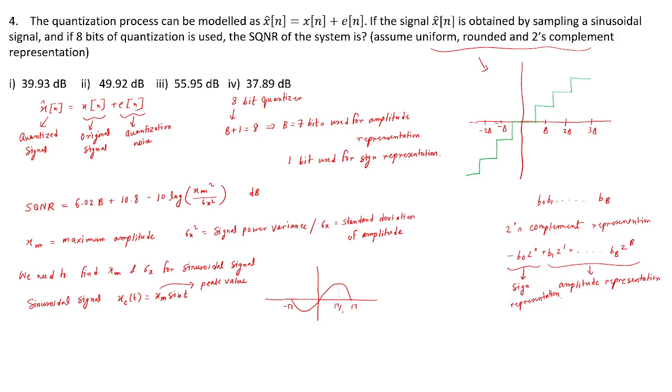This corresponds to pi by 2. This corresponds to minus pi by 2, correct? And this peak amplitude here is xm. This is minus xm.